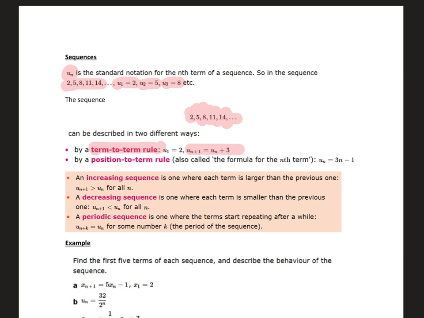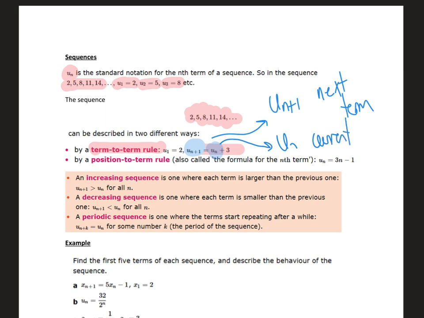So the U(n+1) bit means the next term, so the n plus 1 means next. And the U(n) means the current term, the term I'm on now.